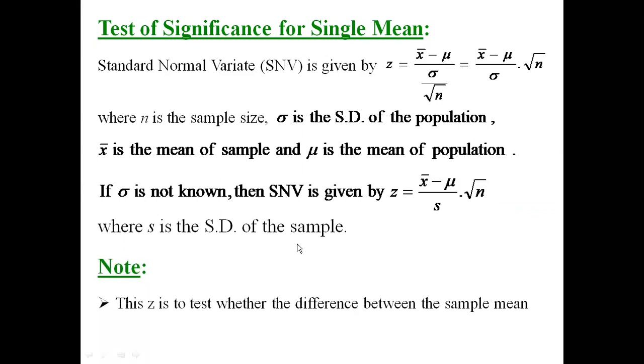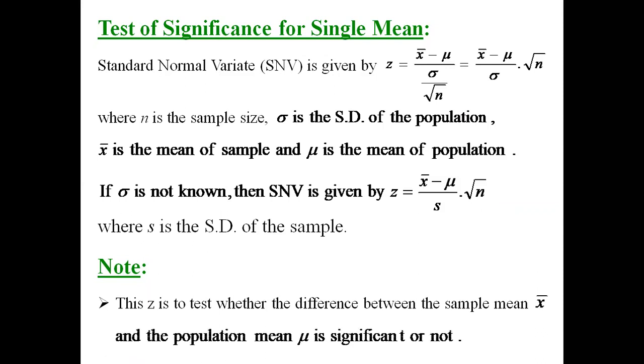Note, this Z is to test whether the difference between the sample mean x bar and the population mean mu is significant or not. So this Z test is applicable to the problems where we want to know whether the difference between the sample mean x bar and the population mean mu is significant or not.